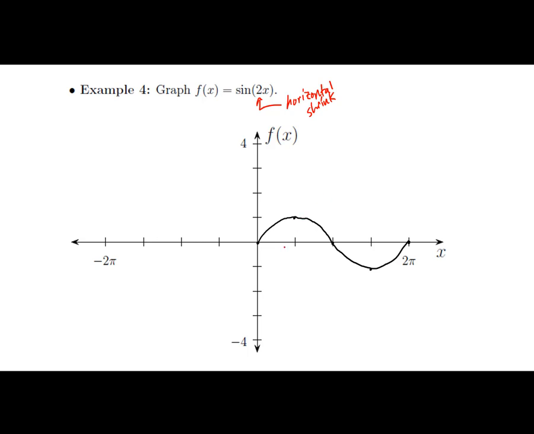So a way that I could think of this is, all right, I'm going to start at 0, and the same thing's going to be happening at 0 as before. So in other words, before x equaled 0 when y was 0, and that's not going to change by multiplying the x value by 2. However, now I'm going to get y equals 1 to happen twice as fast as it did before.